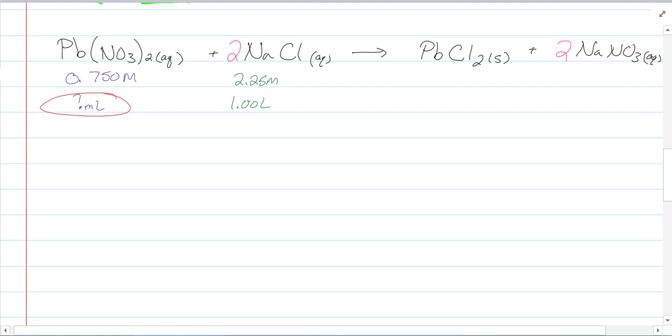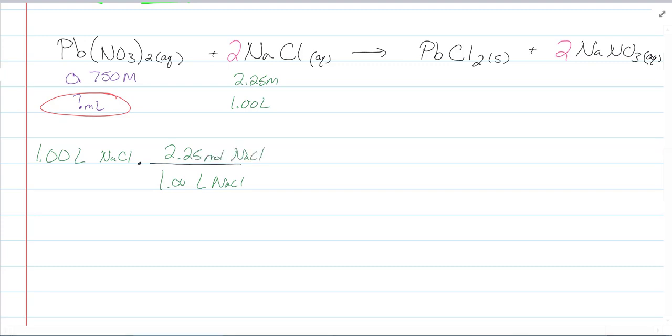The sodium chloride. 1.00 liters of NaCl. What goes on the bottom? 1 liter. NaCl is 2.25 moles of NaCl.